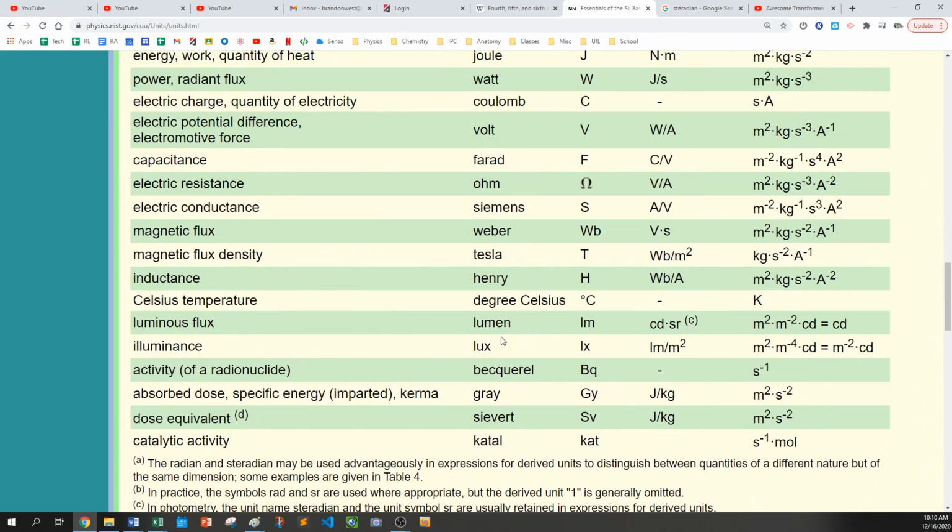You might have heard of the gray. There are two spellings of gray, the American version and the British version.